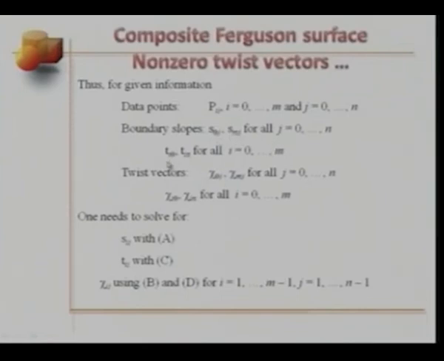We'll also need the slopes along the v direction Ti0 and Tin for all i's from 0 to m, and also we'll need the twist vectors at the boundaries chi 0j, chi mj for all j's, and chi i0, chi in for all i's.